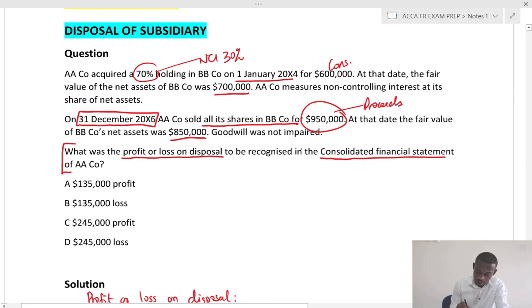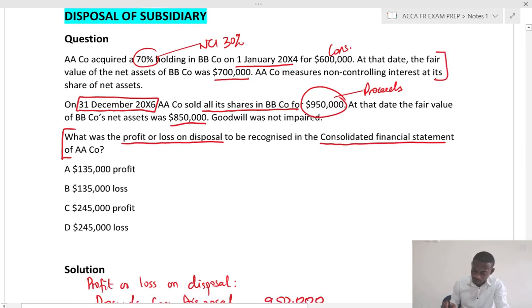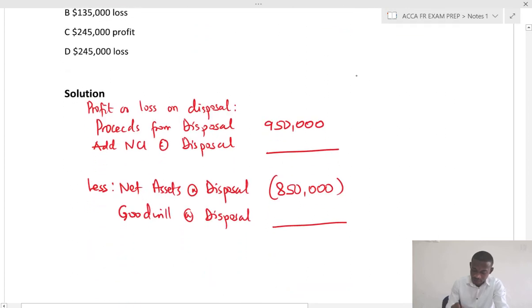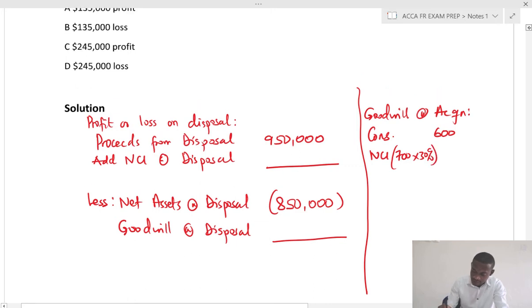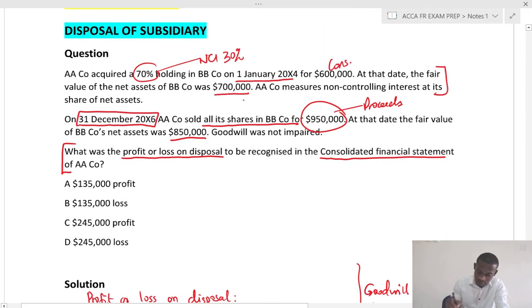Now let's build on. Goodwill was not impaired. So it means that we need to find a goodwill at acquisition. So a simple working here, goodwill at acquisition is the consideration, which was 600. NCI is their proportion of the net asset, and the net asset we were given to be 700 on that date.